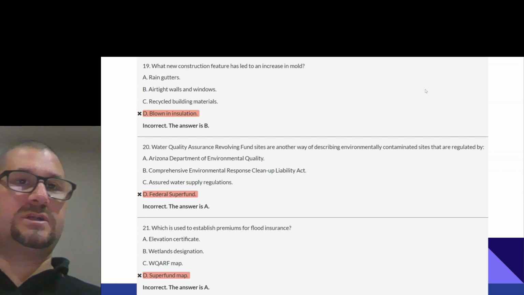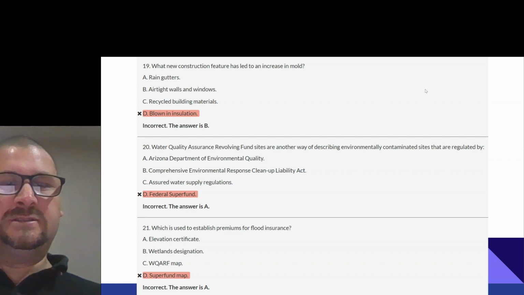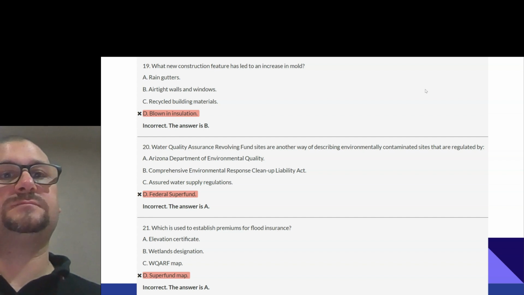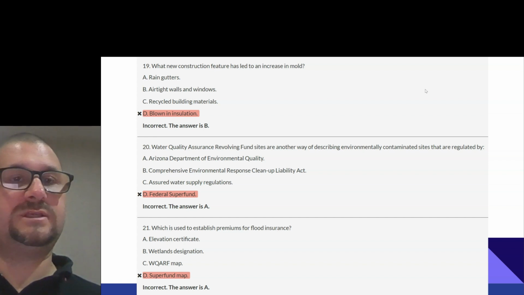So there's more moisture in there because they're tight. So it's not allowing the ventilation to evaporate the water, right? So more moisture in there. So airtight walls and windows have led to an increase in mold. So rain gutters, no. Recycled building materials, no. Blown insulation, no.